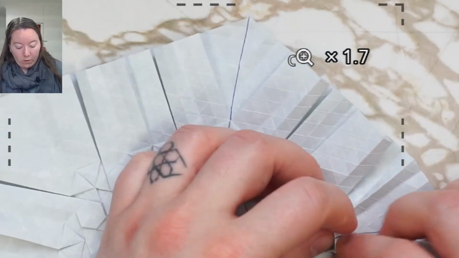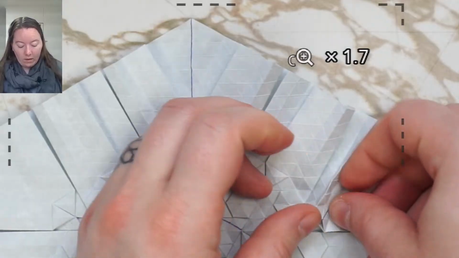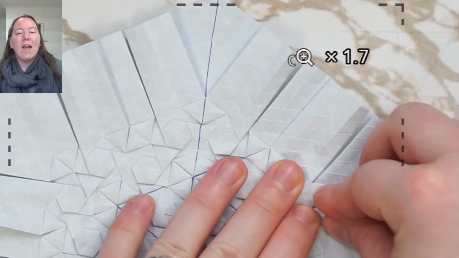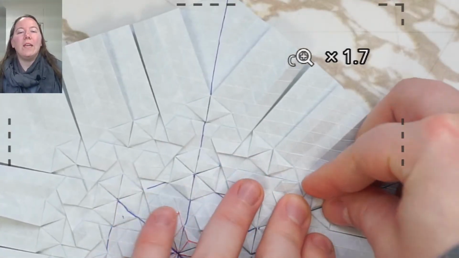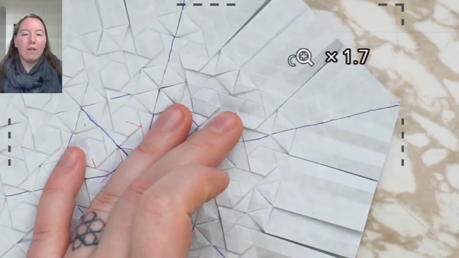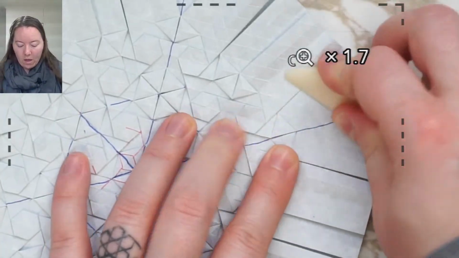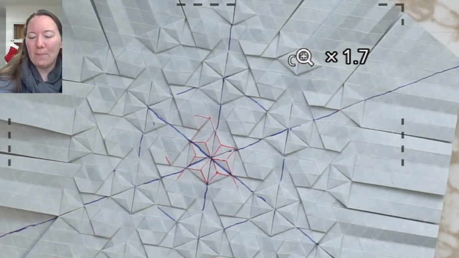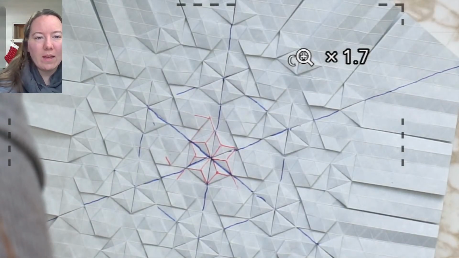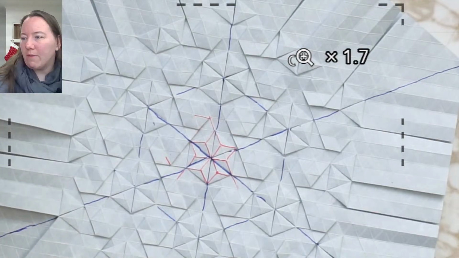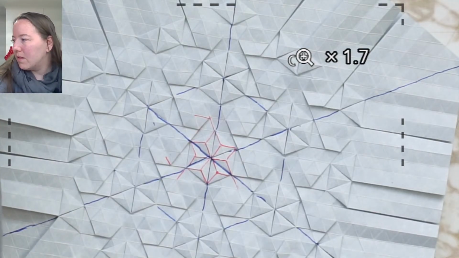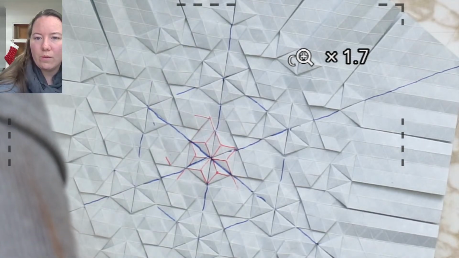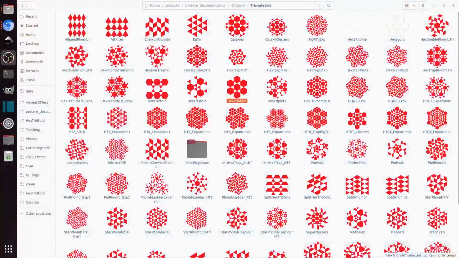The other thing you can do when you understand the tiling is design new patterns. And we're about to see, because I just got to the end of this ring around the center, you can organize your patterns. So I'm going to bring up my file system, and there we go.